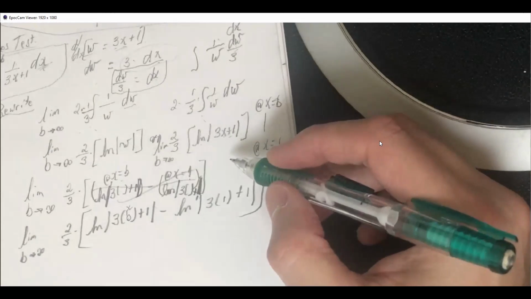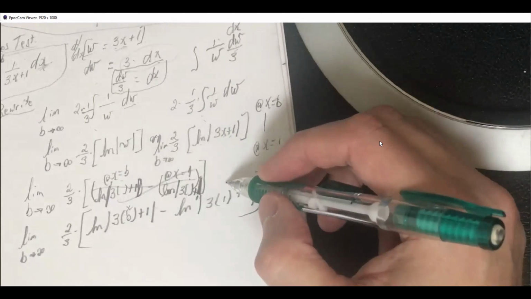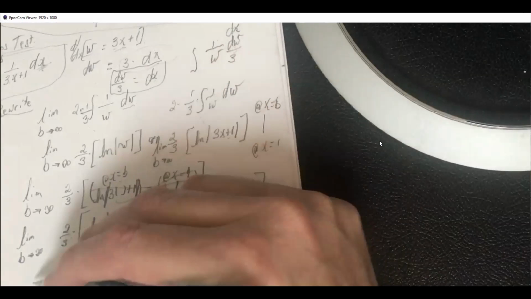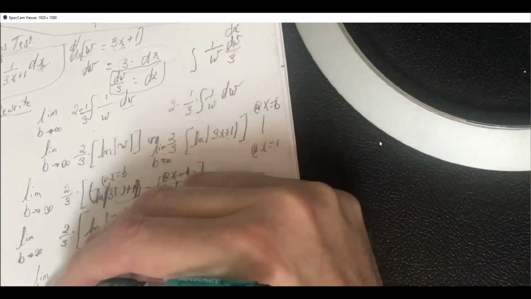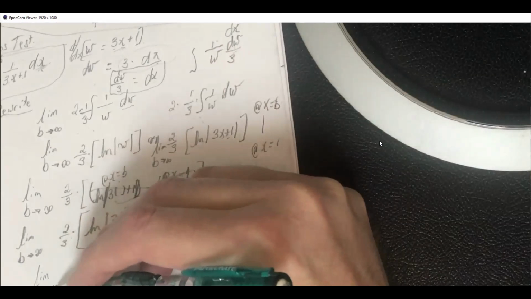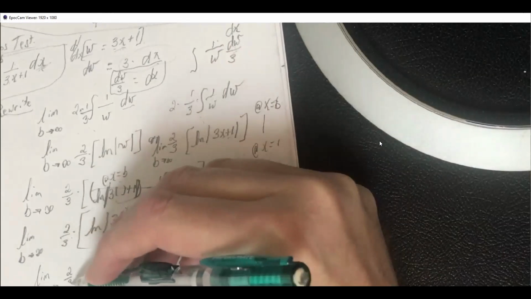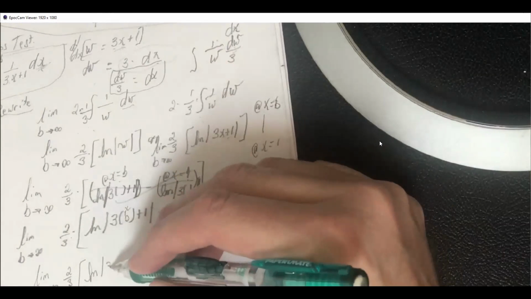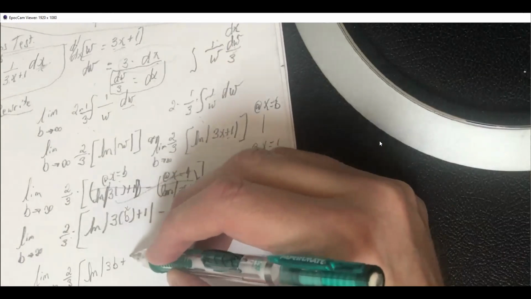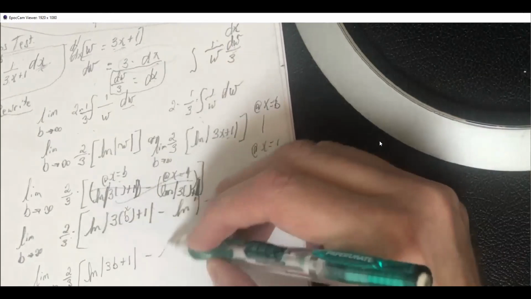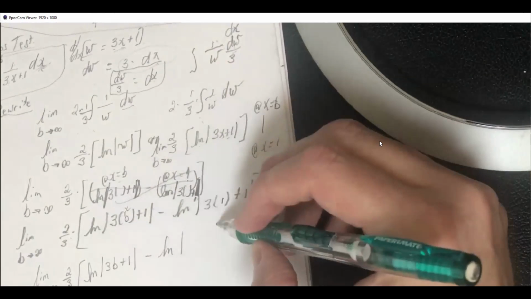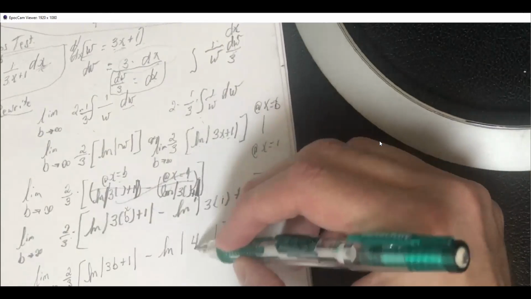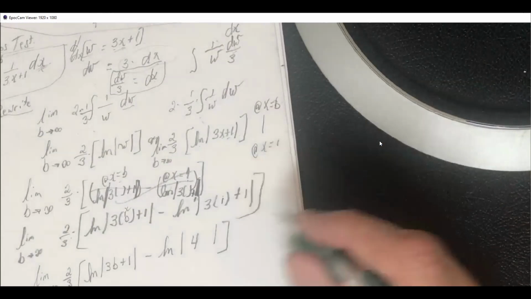Now, clean this up. And then the 2/3 can wait for us to take the limit. So this is natural log absolute value of 3b plus 1 minus 3 times 1 is 3 plus 1 is 4 minus the natural log of absolute value of 4.